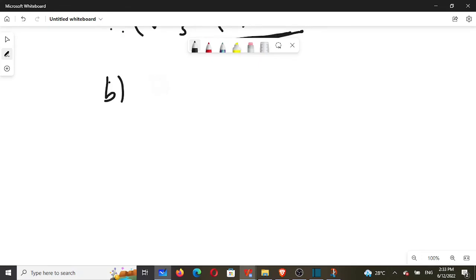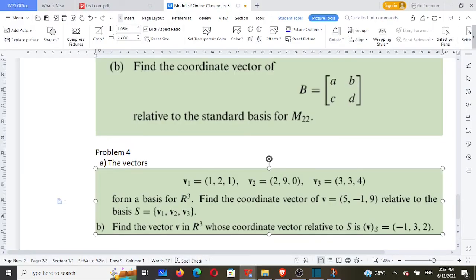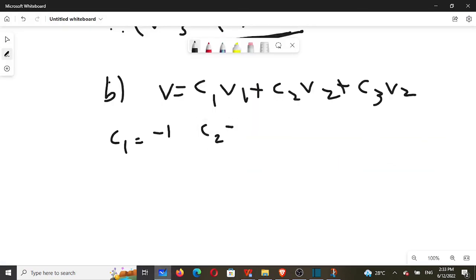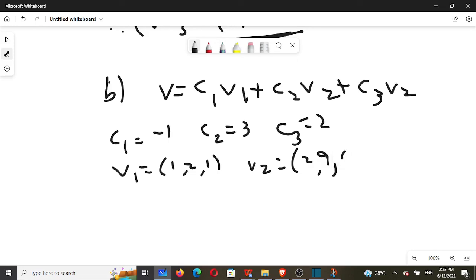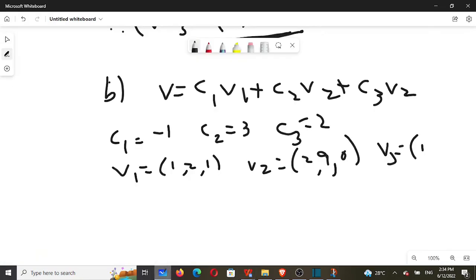So in the second problem we have to find V such that C1 V1 plus C2 V2 plus C3 V3, where C1 is equal to minus 1, C2 is equal to 3 and C3 is equal to 2, V1 is equal to (1, 2, 1), V2 is equal to (2, 9, 0) and V3 is equal to (3, 3, 4).